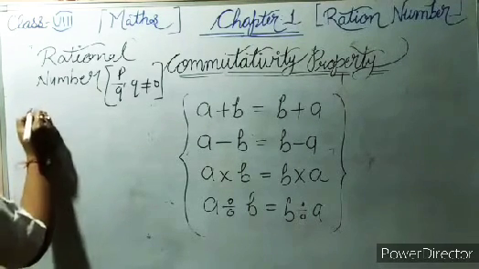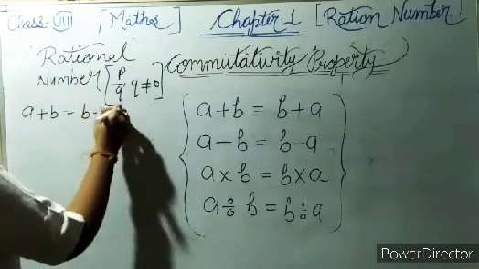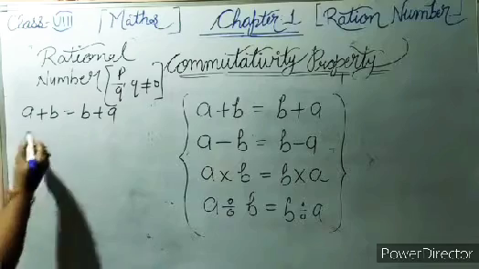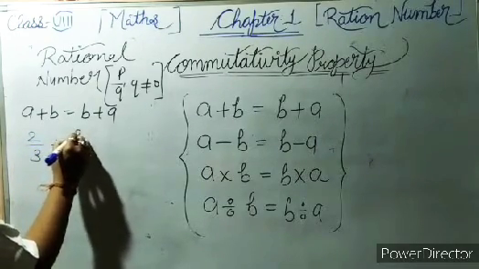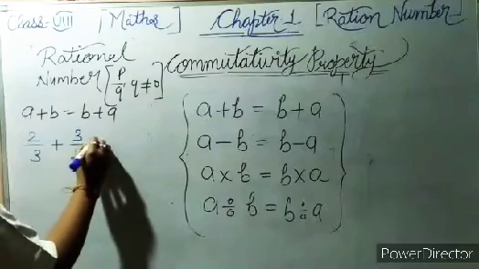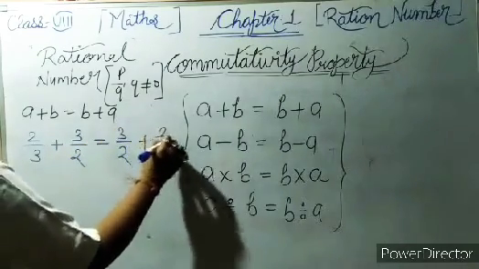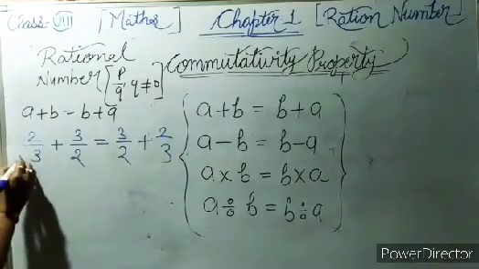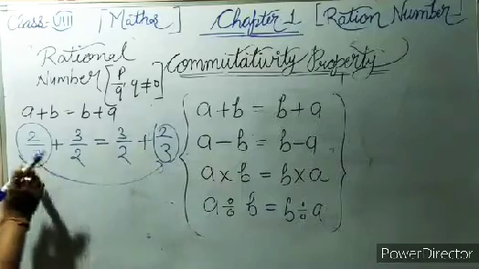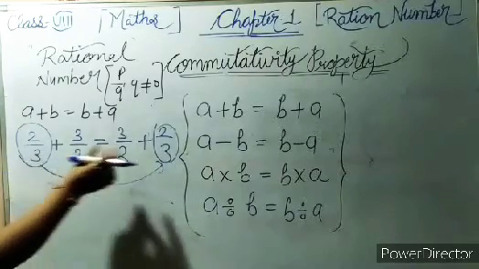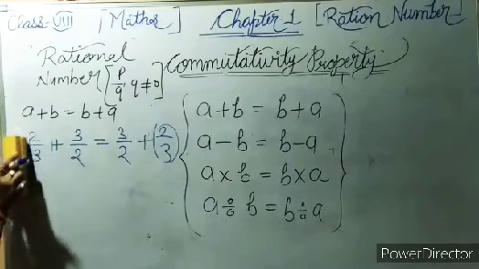If we add both numbers and change their places, for example, 2 upon 3 plus 3 upon 2 is equal to 3 upon 2 plus 2 upon 3. You see, I change the position; this number is first, but here it is last.